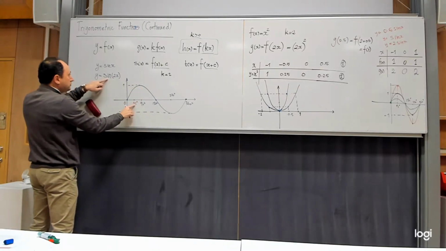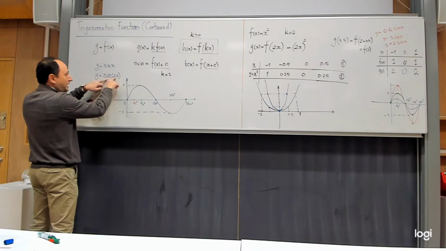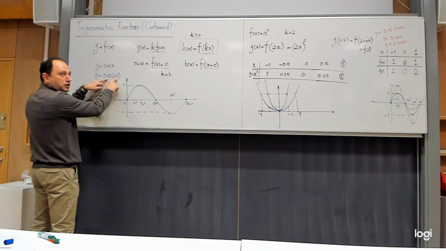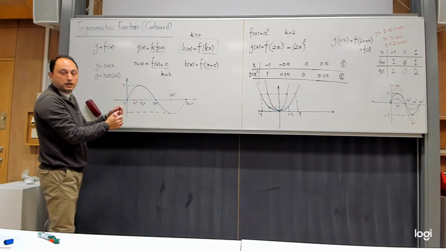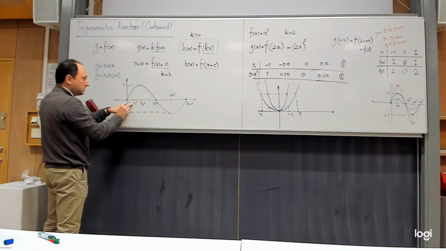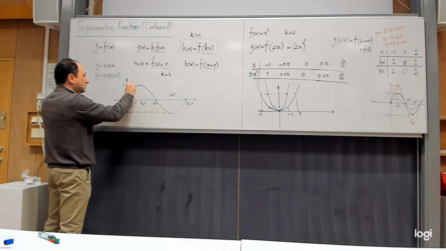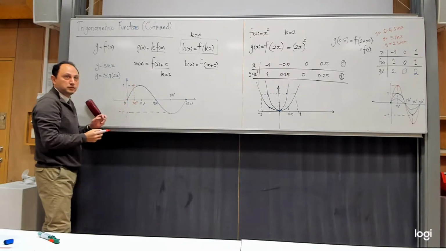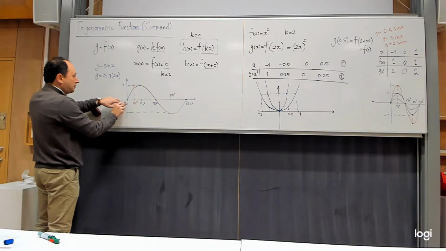Because if you put 45 here, you have to multiply it by 2, it becomes 90, it becomes sine of 90, which is 1. So if I want to reach height 1, I reach that height earlier. So this bit goes to 1. Yes or no? Yes. Okay. And of course, what happens if I give 0?